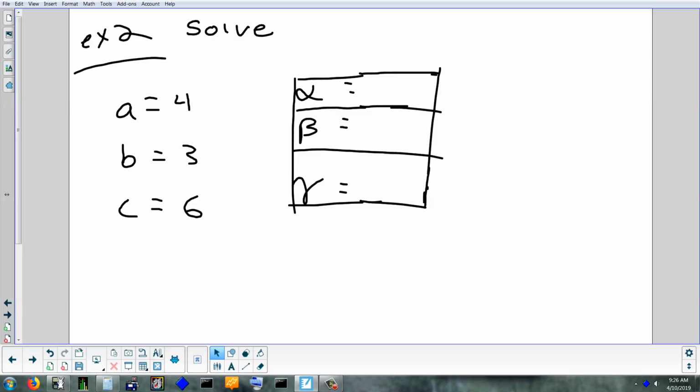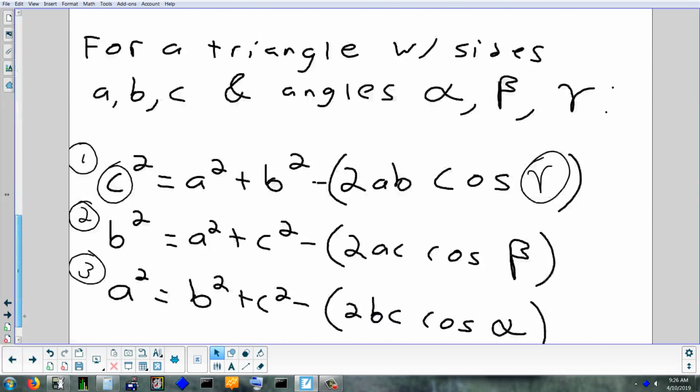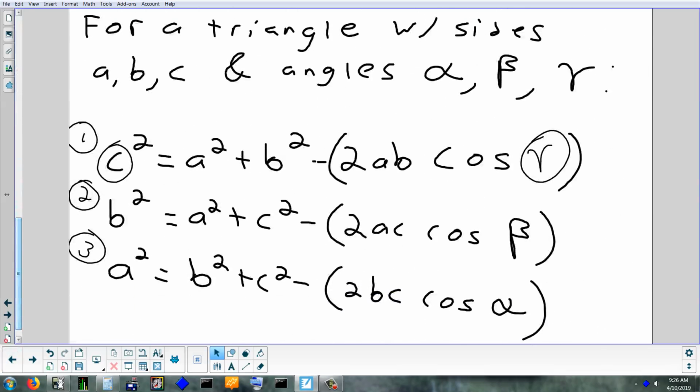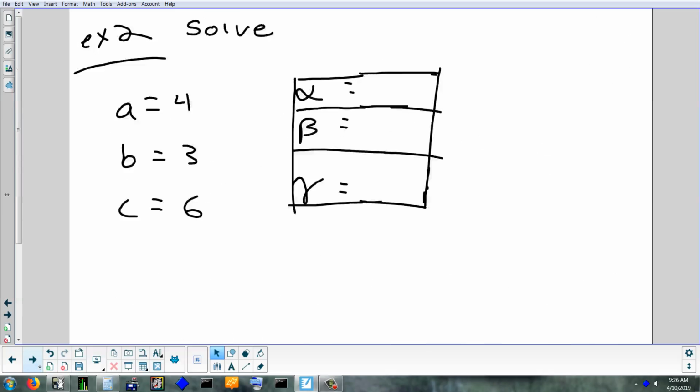All right, so we know A, we know B, we know C. Go back and look at your formulas. You know everything in every formula up to that line. You've got the A, the B, and the C, so you can pick any one that you want. And the nice thing about side, side, side is if you make a mistake on one thing, it will not affect anything else. Once you find alpha, you're done with it.